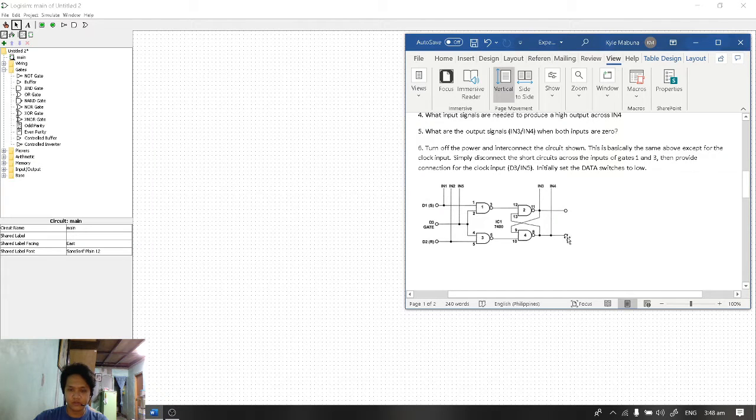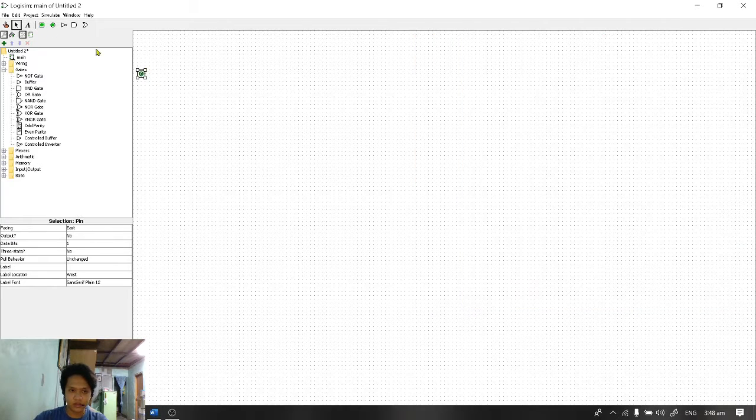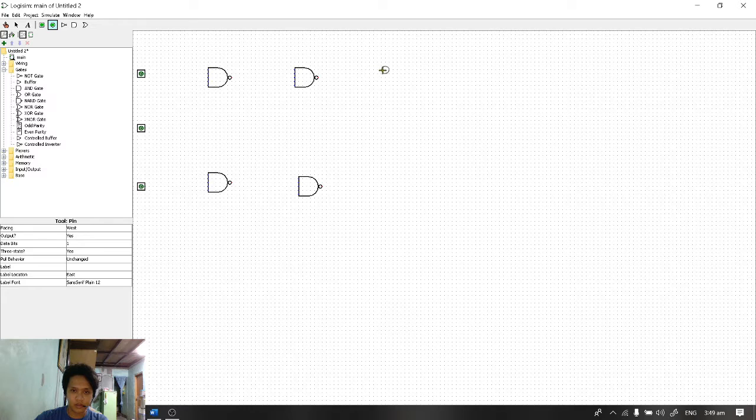Circuit number 2. Okay. So for that we need 3 switches, then NAND gates, and LEDs.